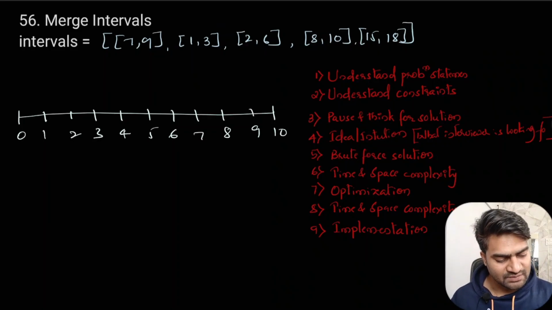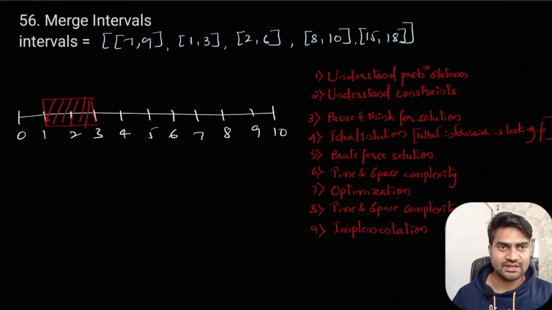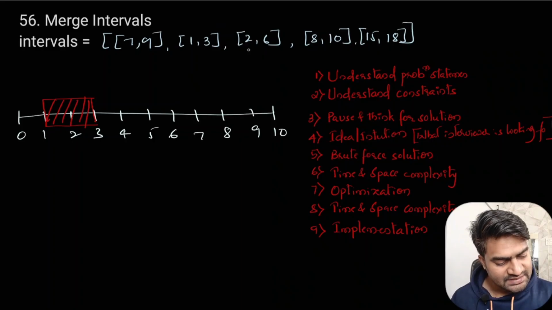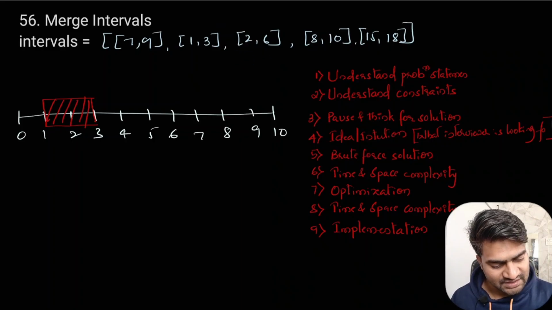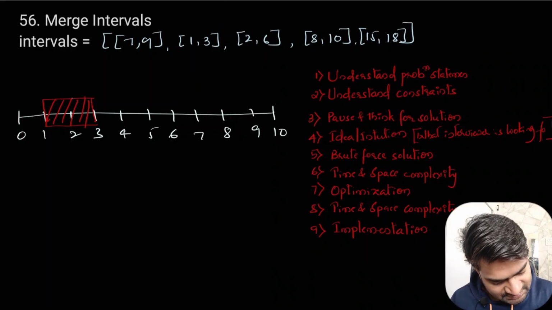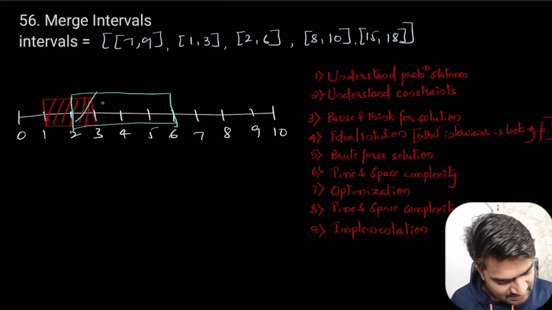Now I will take the range 1 to 3. It means my first interval will be in this particular range, right? Now let us take the next value, which is 2 6. I will take a different color. So 2 6 will be something like this, between 2 and 6.